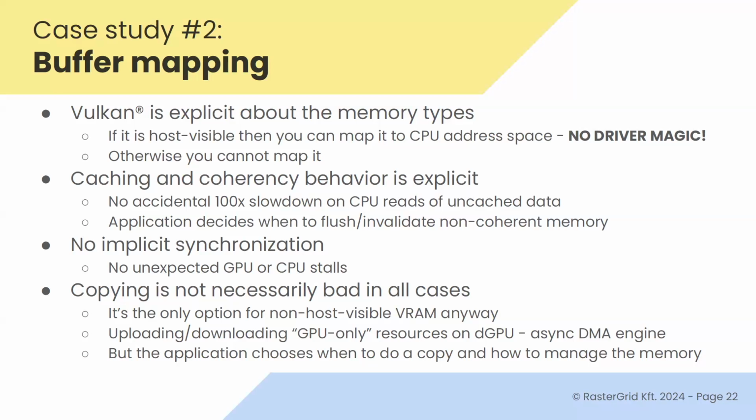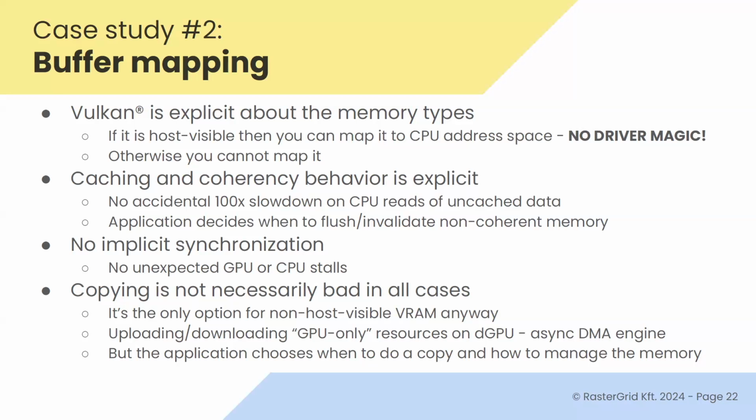Still, one thing that's worth calling out is that copying is not necessarily evil. In general, you want to copy data, right? First of all, if your target memory is in non-CPU visible VRAM, you actually have to do a copy. There's no other way. You can't actually map that. But in general, if you have resources that you're only intending to read and write on the GPU, you better just upload them to VRAM.